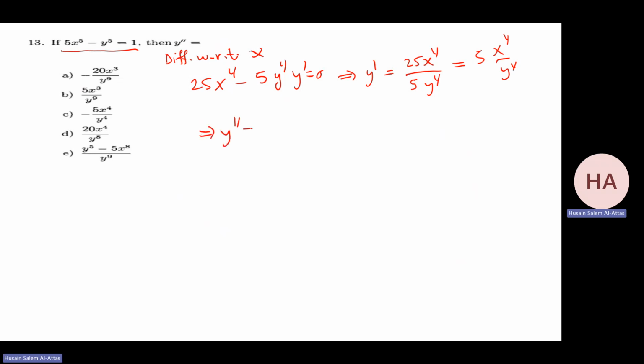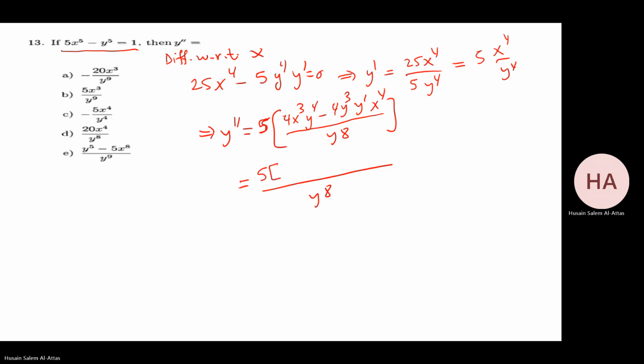y double prime will be 5, and this is the quotient rule. Derivative of the first, 4x cubed, times the numerator, this is the denominator, minus 4y cubed y prime x to the power 4 over y to the power 8. Okay, that will give me 5 times what?